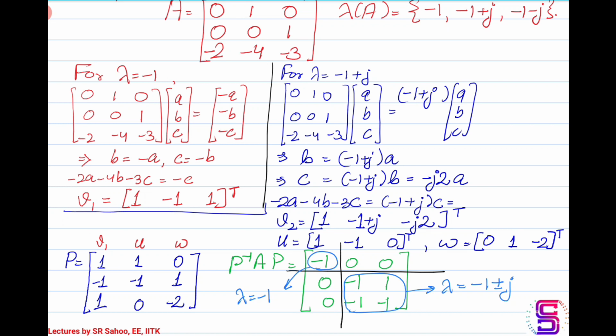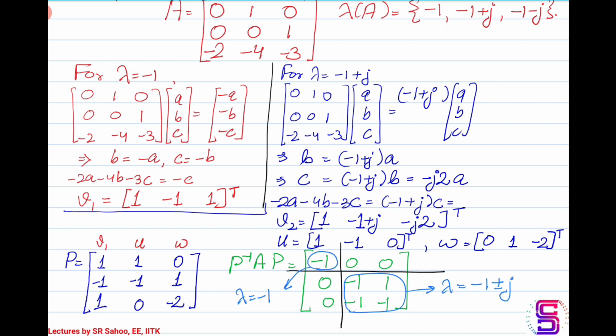Now for the complex eigenvalue, on solving, the eigenvector I get is 1, minus 1 plus j, and minus 2j. This is of the form U plus jW that we had just seen. So U would be 1, minus 1, and 0, and W would be 0, 1, and minus 2.